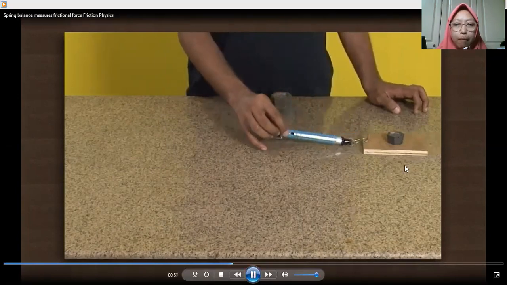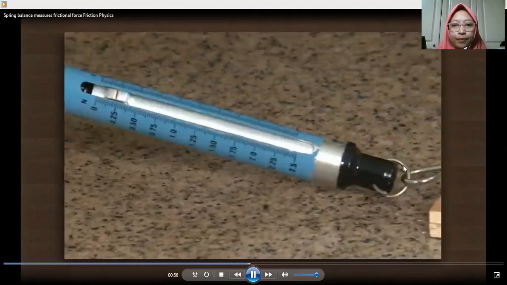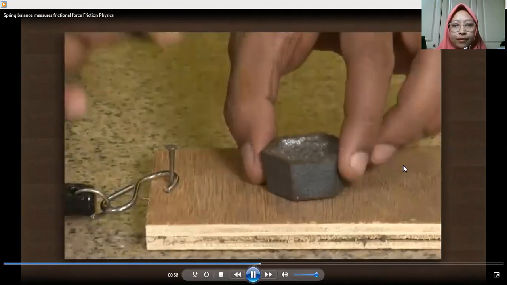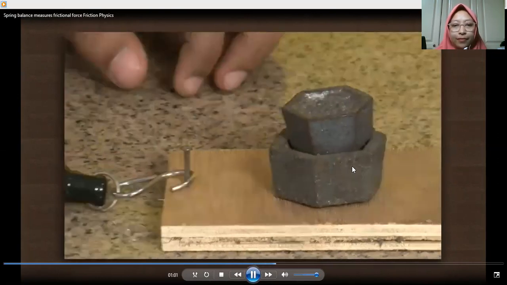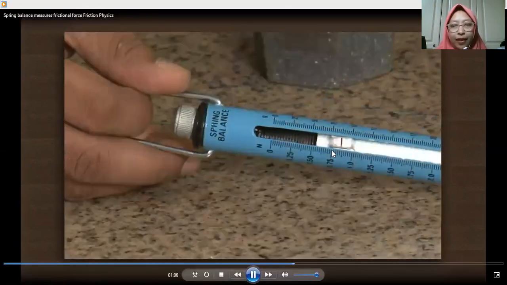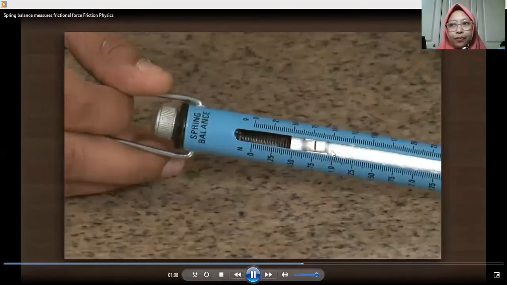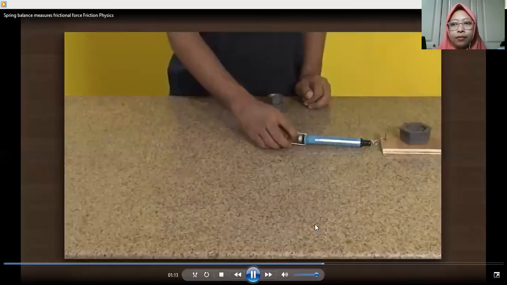Again, pull the plank with the spring balance. Note the reading in the spring balance. It reads 25 grams. Now place another 200 grams on the plank. Again, pull the plank with the spring balance and note the force applied. It reads 65 grams. The heaver, yeah. Now we will increase the weight to 500 grams and note the reading.